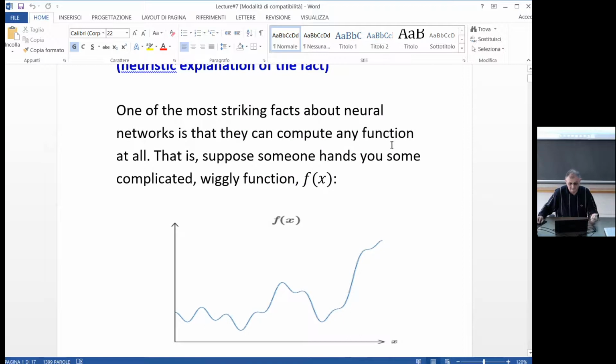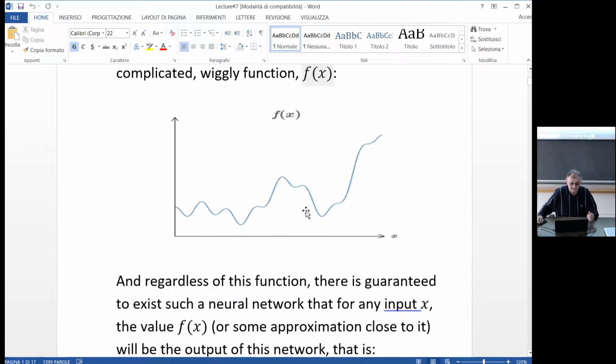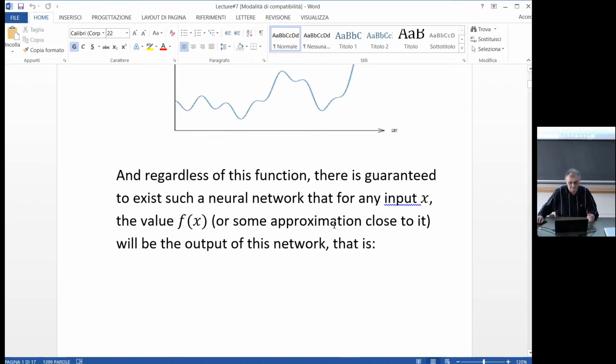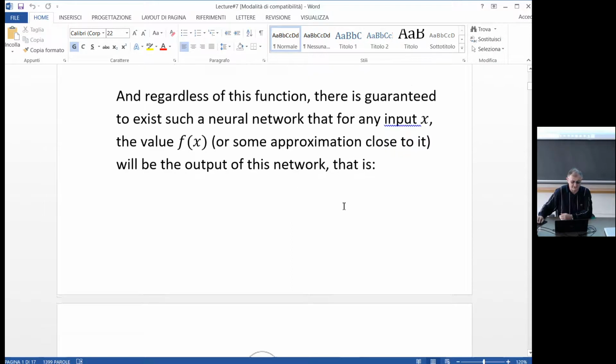Let's consider some complicated, very wiggly function f of x, for example, of this shape. Regardless of the complexity of this function, we can guarantee that there exists a neural network that for any input x, the value f of x, or some approximation close to it, will be the output of this network.